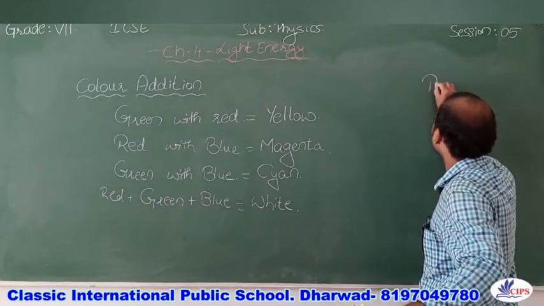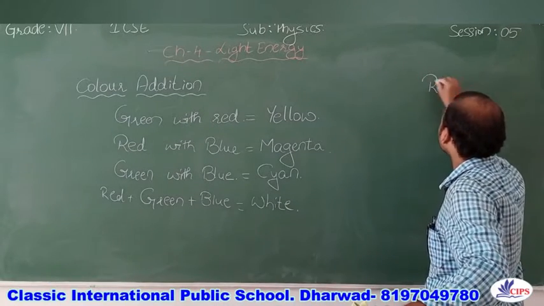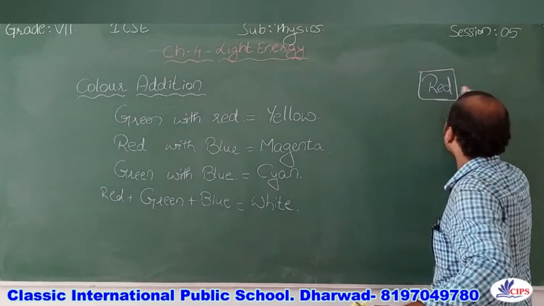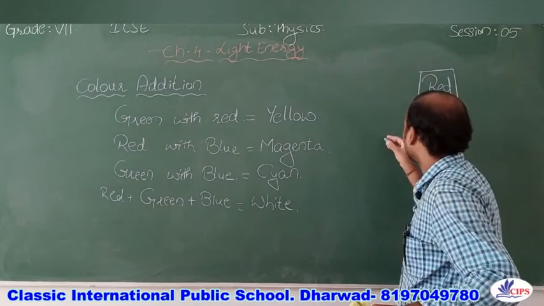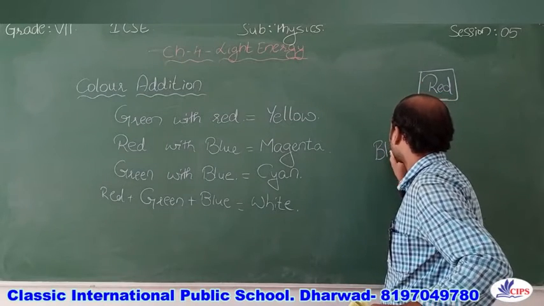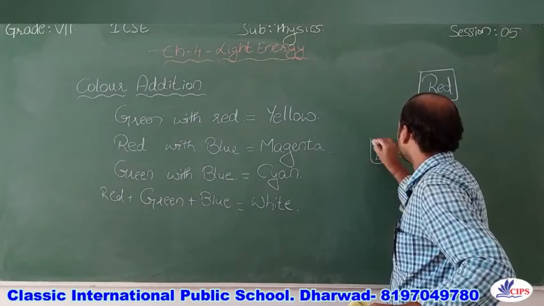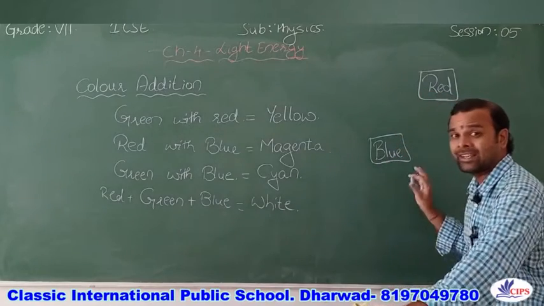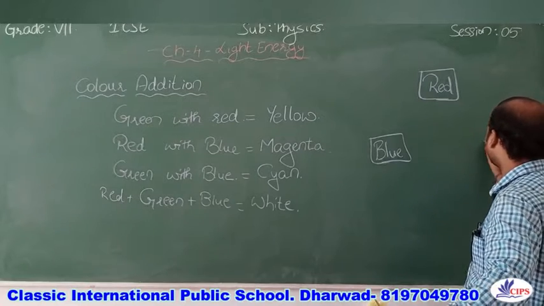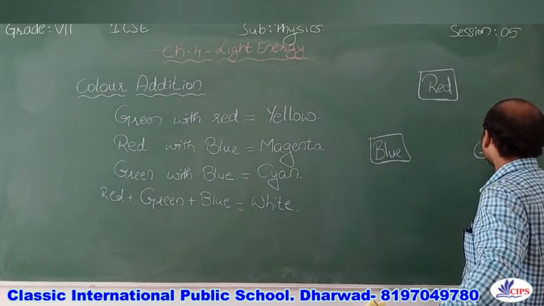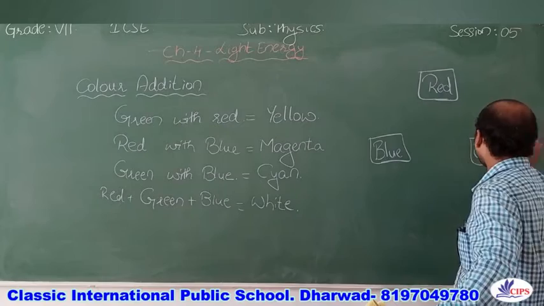Let me consider red to be at this point. Then let blue be at this point. So these are all lights that we are considering, and let green be at this point.